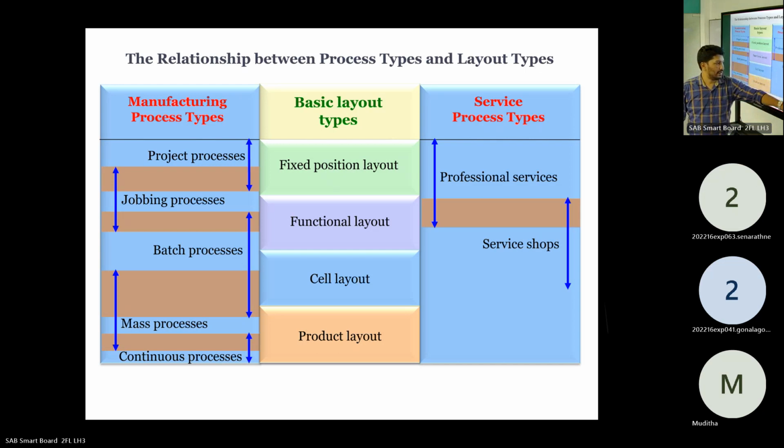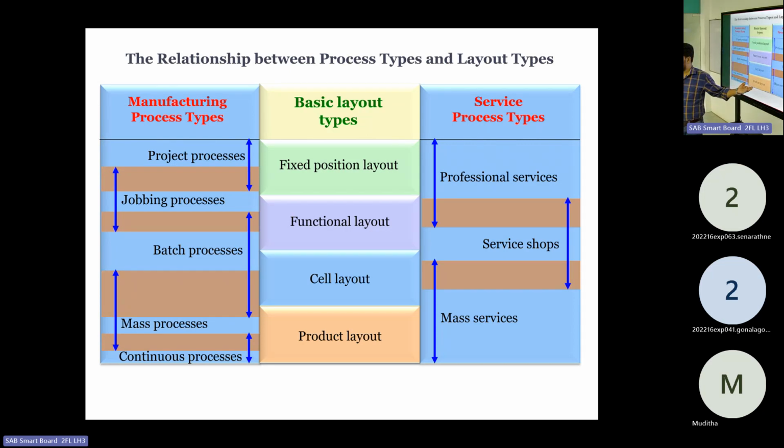Only cell layout. And then when it comes to the mass services, mostly the product layouts are used, but now we see some of them are depending on cell layout or hybrid layout. Clear? I am referring to the range covered by the arrow, and that is how I summarize it.